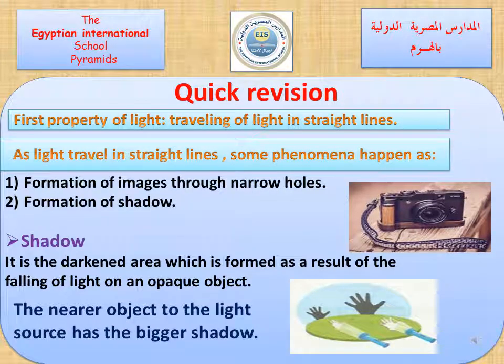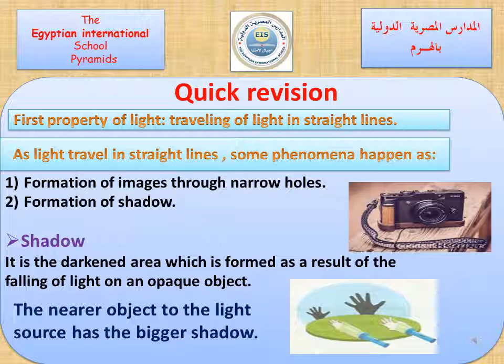Let's make a quick revision about what we have studied today. What we have studied today is the first property of light, which is traveling of light in straight lines, and that as light travels in straight lines, some phenomena happen, as formation of images through narrow holes, and that the idea of the photographic camera is based on the traveling of light in straight lines.